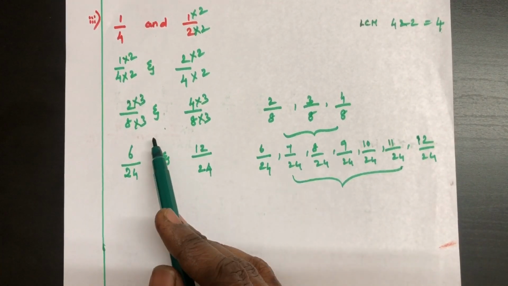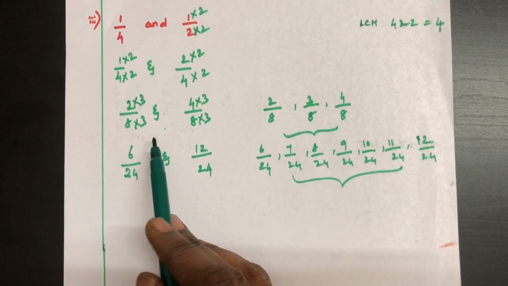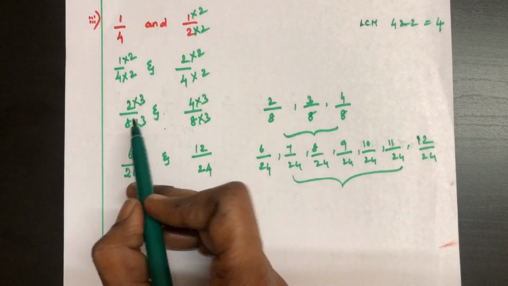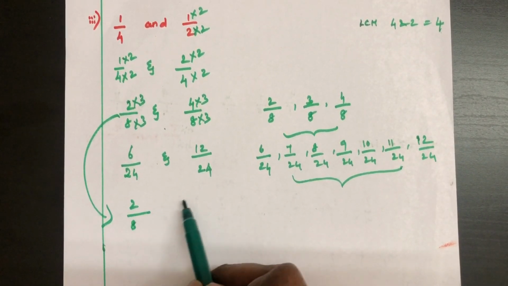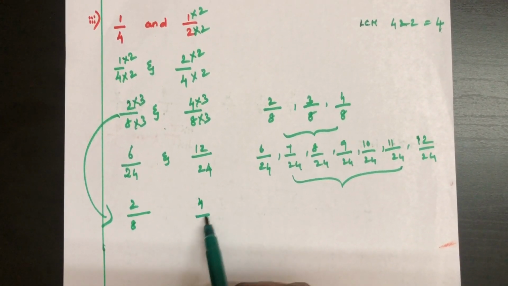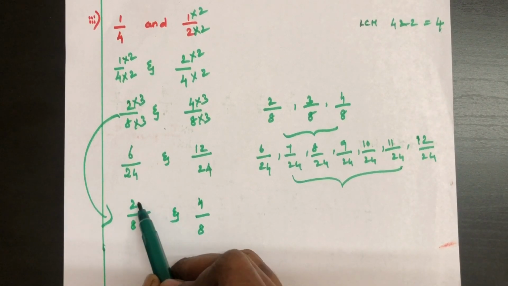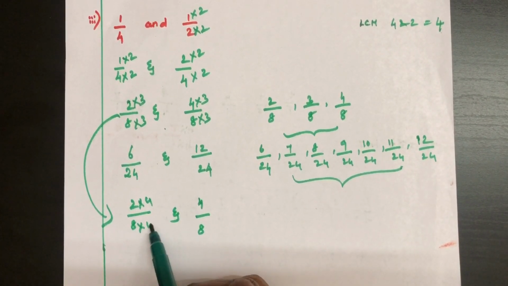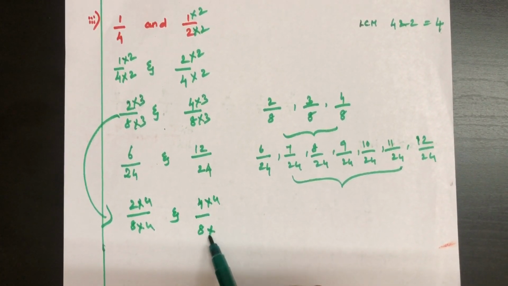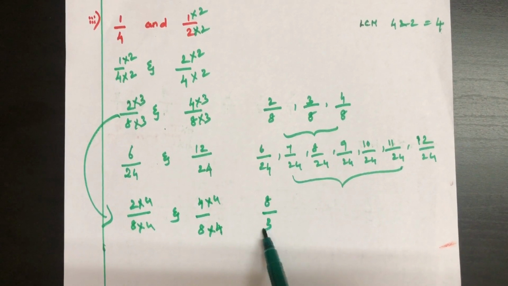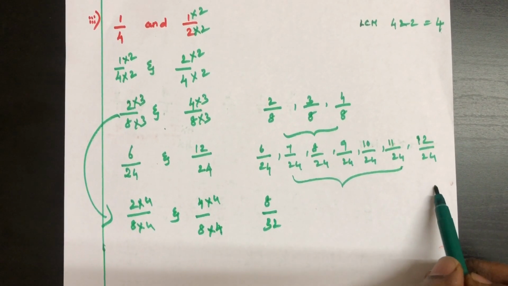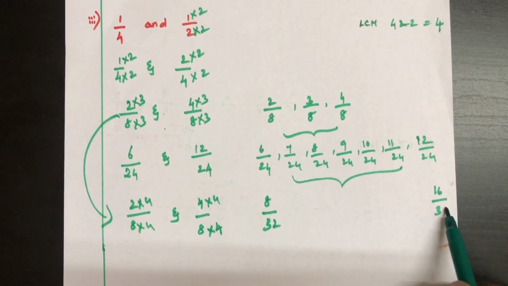I think in your book they have multiplied it with 4. Same thing. If we multiply it with 4, what will come? 4 by 8. Okay. Let us do with the 4 into 4 into 4. So here also into 4 into 4. 8 by 32 and 16 by 32.